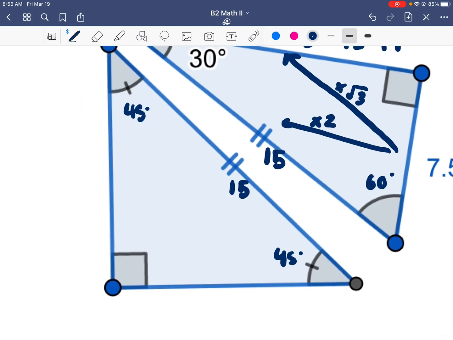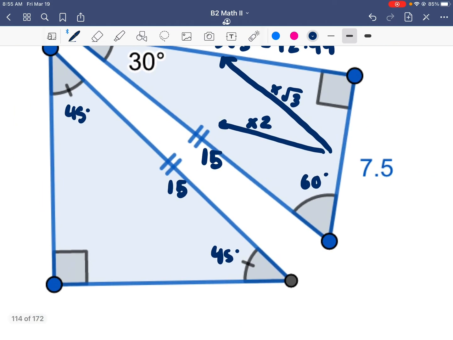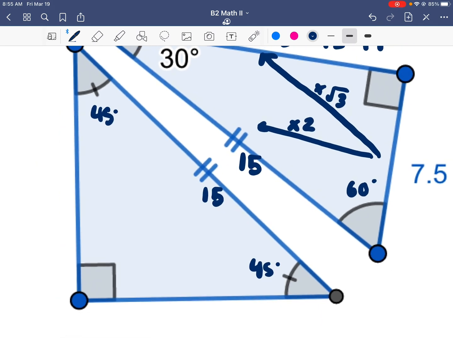And then this is indicating that these two sides are the same. The side of the 45, 45, 90 and the 30, 60, 90. So now we can go from the longest side, the hypotenuse of this 45, 45, 90, and in order to go that direction, we have to divide by root 2.